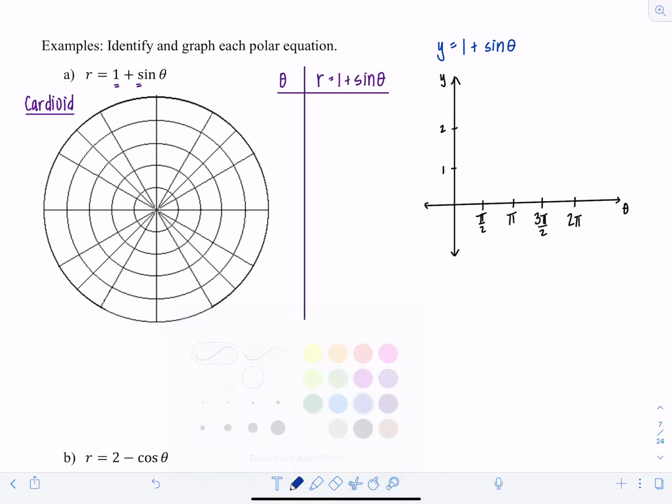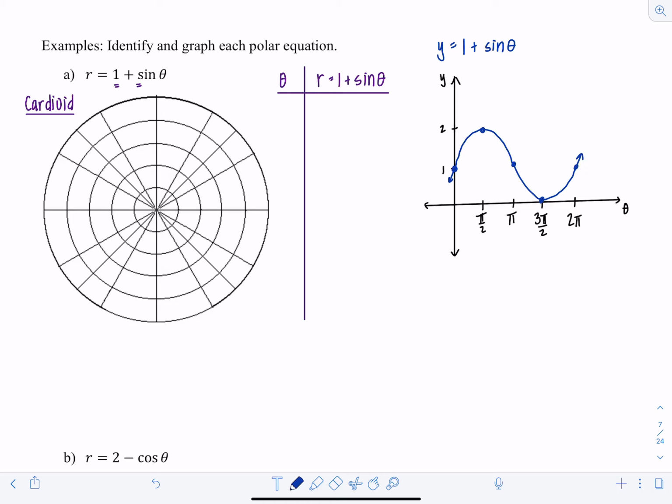And sine's graph starts in the middle. Oop, no, it'll start at 1, sorry. And then it's going to go up to 2 at pi over 2, back to 1, down to 0, back to 1. So this is the graph, just one period. And one period will trace out the complete graph of the cardioid, because if you keep repeating, you're just going to get the same points again. Okay.